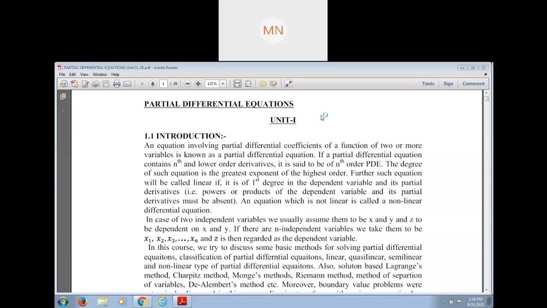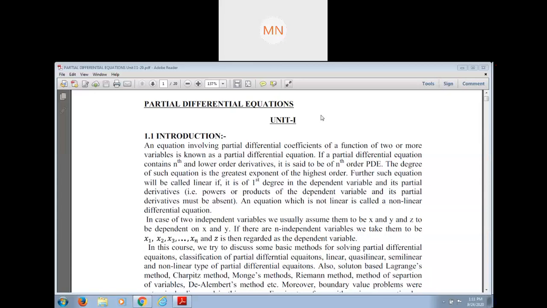We take the derivatives of the dependent variable, and this forms the differential equation. This is ordinary differential equation. We have already studied those types of equation.